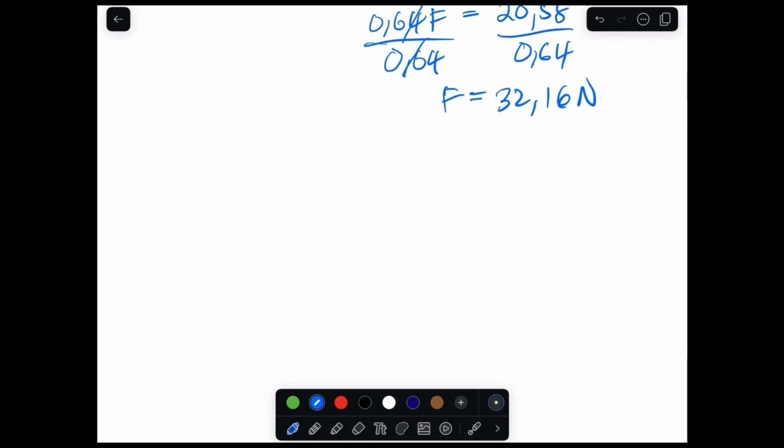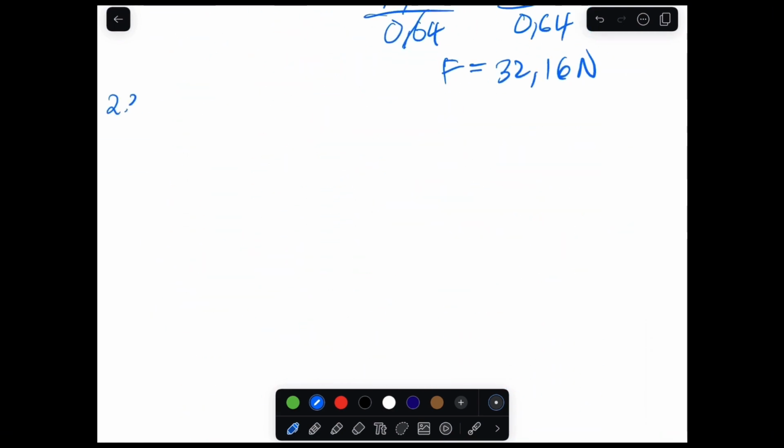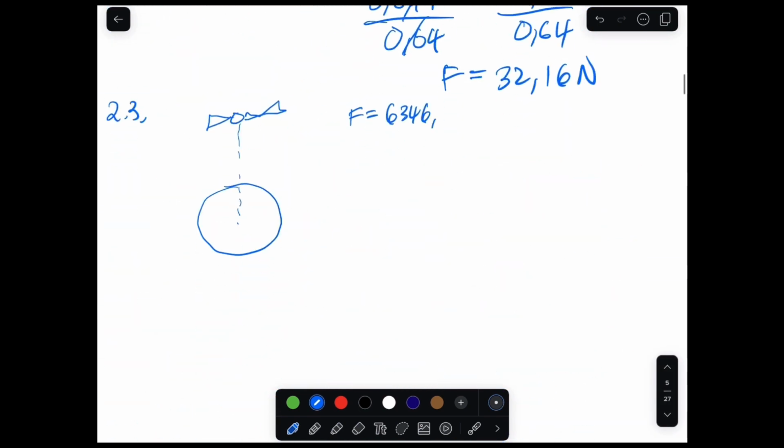So this is universal 2.3. Here's the earth, right? And this is the satellite. So the earth is exerting a force on the satellite, the force that is 6,346.07.